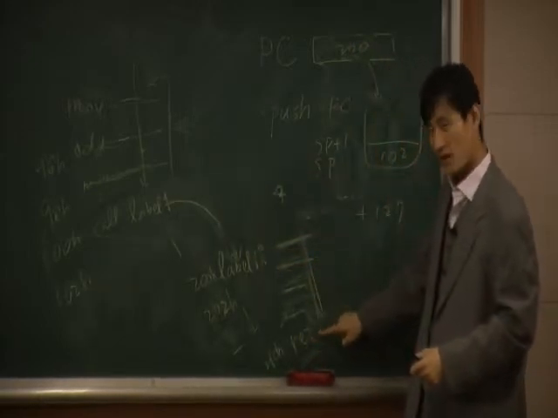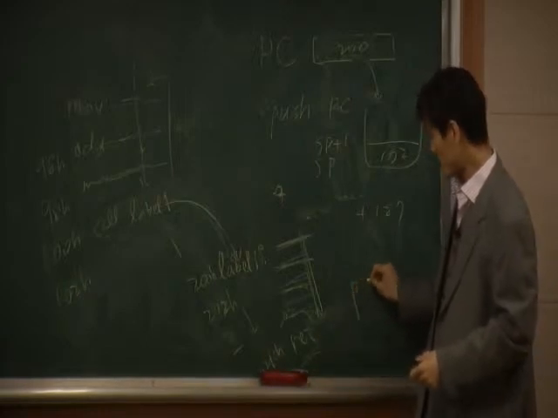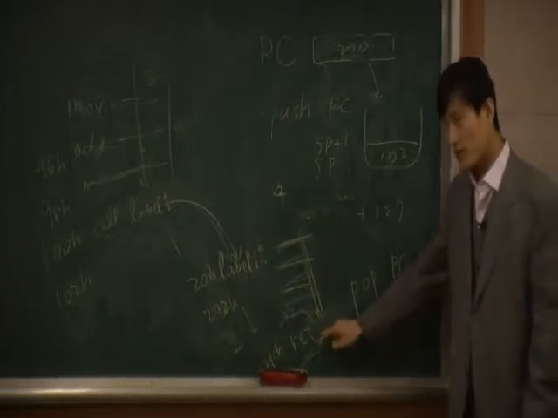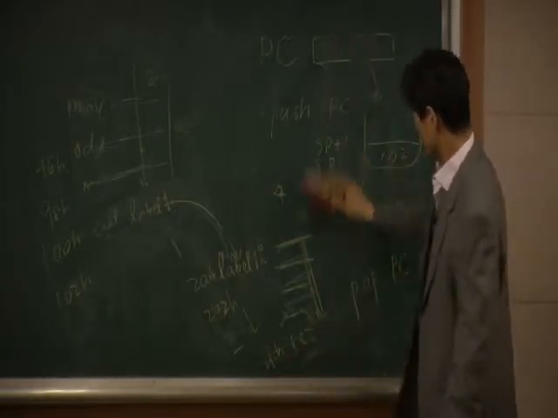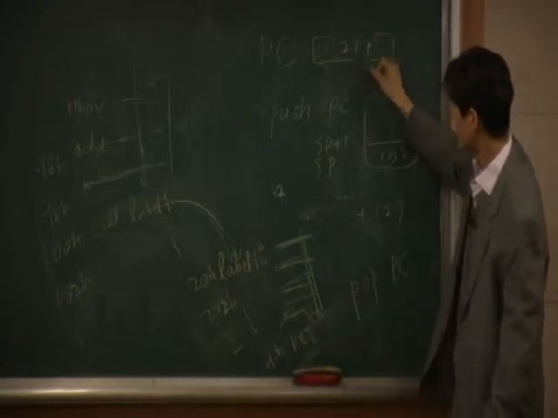And whenever you say return, what do you need to do? You want to do pop PC. So when you execute return, your program counter actually has the value of 211.